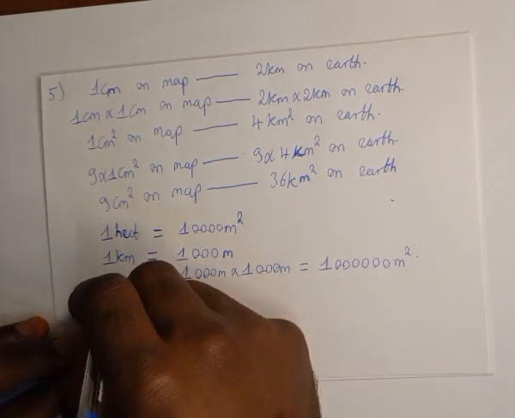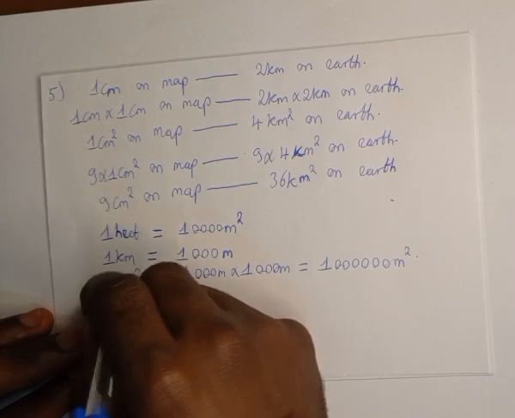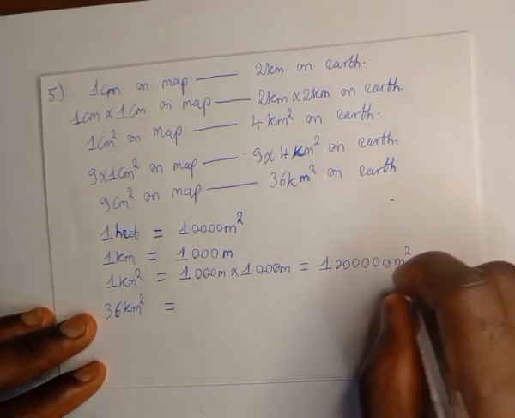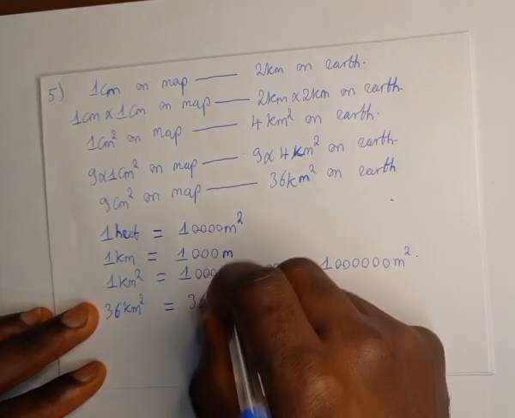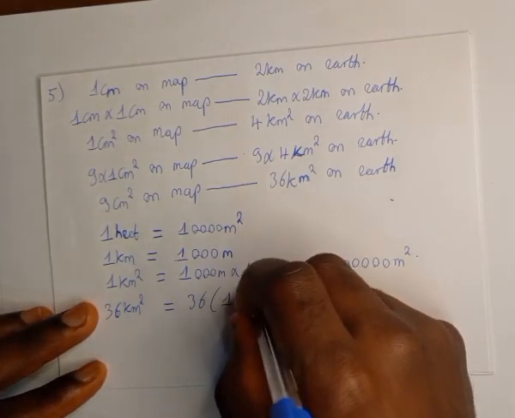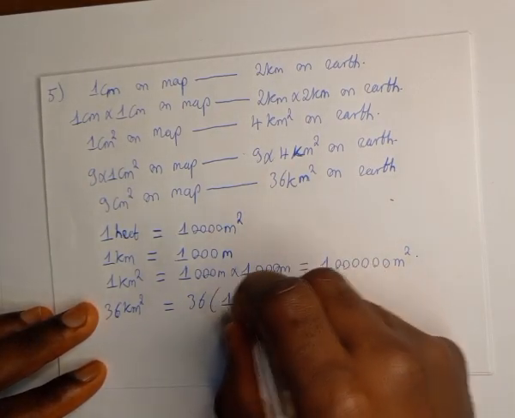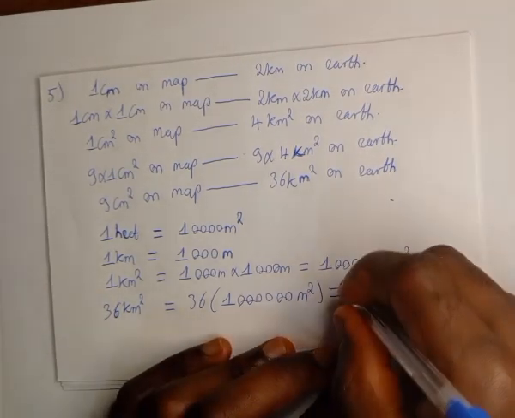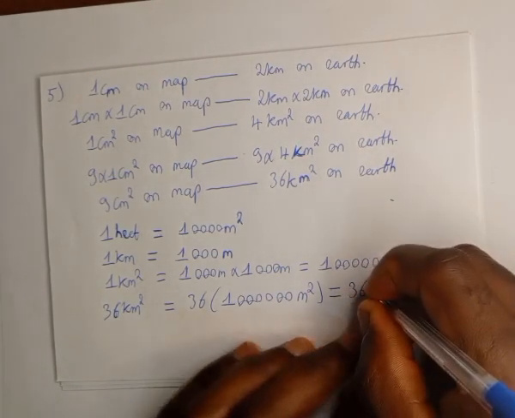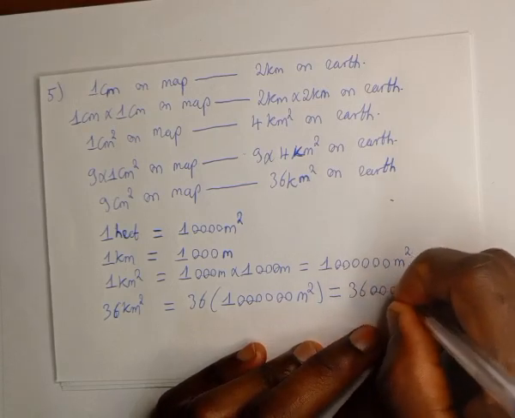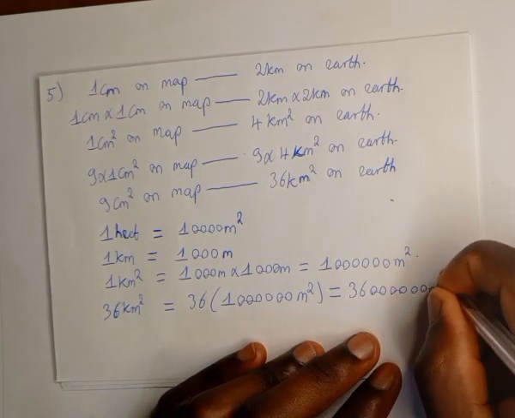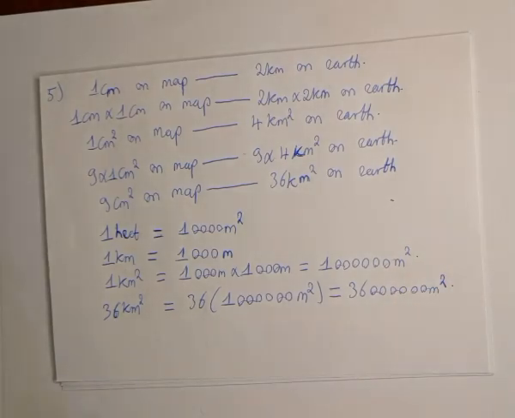It therefore means if you take 36 kilometers squared, it will be equal to 36 times 1 million meters squared, and this will be equal to 36 million meters squared, like this.